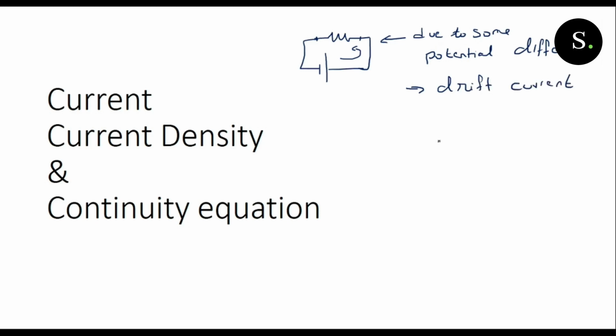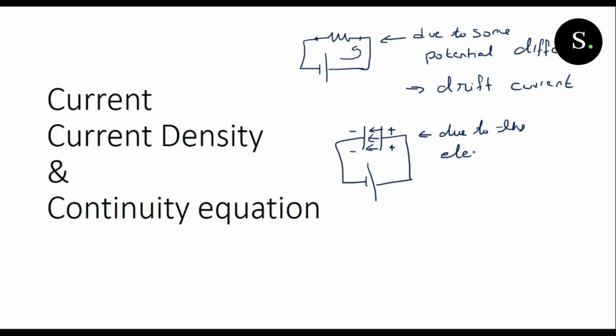Now if we do have a drift current, we would have an alternative as well. Say for example you had a capacitor connected to the terminals of the voltage source. This would lead one plate to be positively charged and the other plate to be negatively charged, leading to the existence of some electric field and some current to flow due to the electric field that exists.